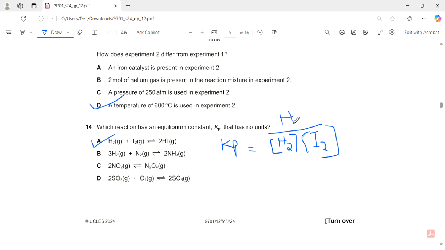Mole per dm cube is the unit, and we can see that it is squared. So nothing will be left. So this is the answer.